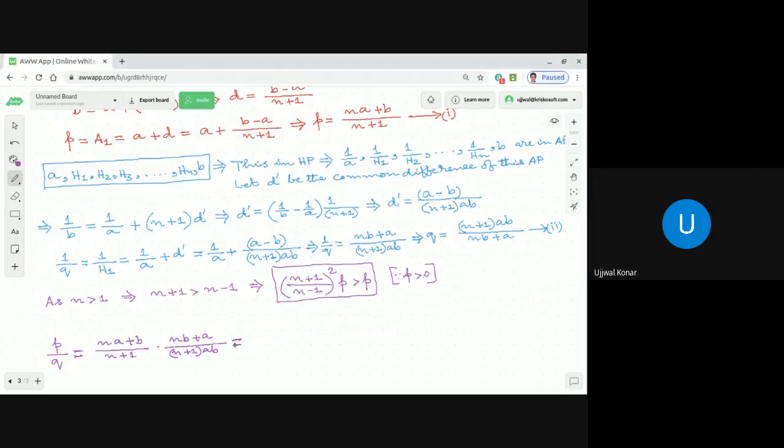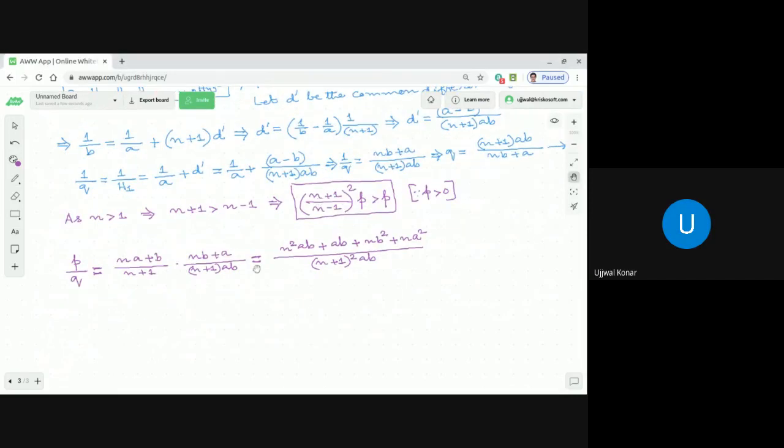The denominator is (n plus 1) whole square into ab, and the numerator is (na plus b) into (nb plus a), which is n square into ab plus ab plus n into b square plus n into a square. Correct?